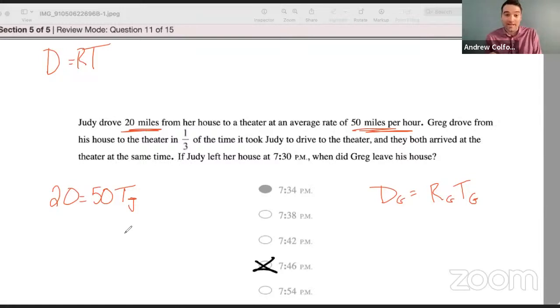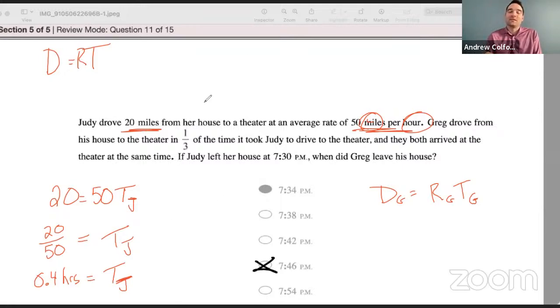Well, now that we're here, let's just solve Judy's time. Judy's time is 20 divided by 50. Now, units matter. We're talking about miles per hour. So this is going to give me 0.4 hours. Is that 40 minutes? It's not. Careful of that mistake. 0.4 hours is 4/10 of an hour.